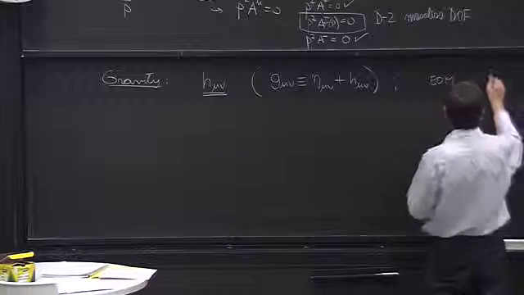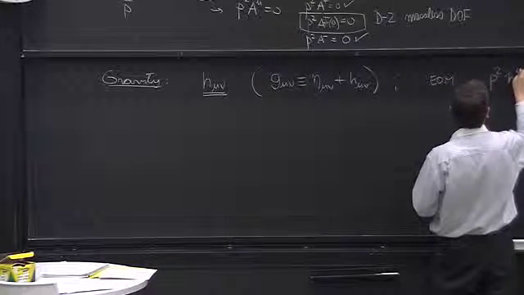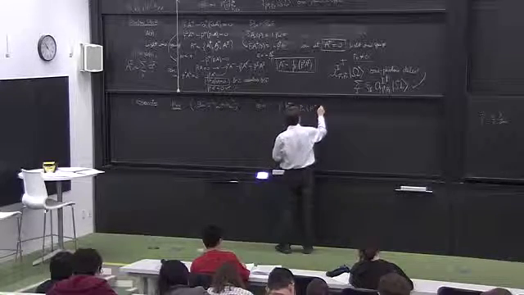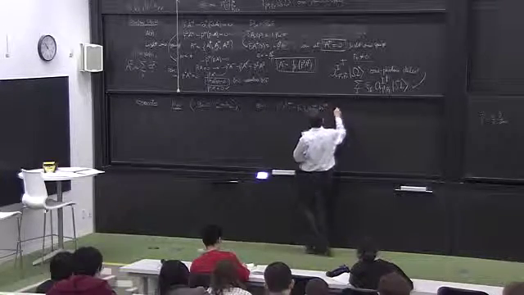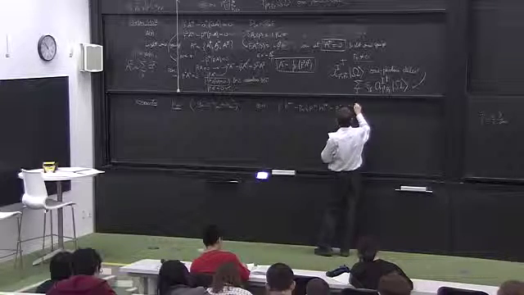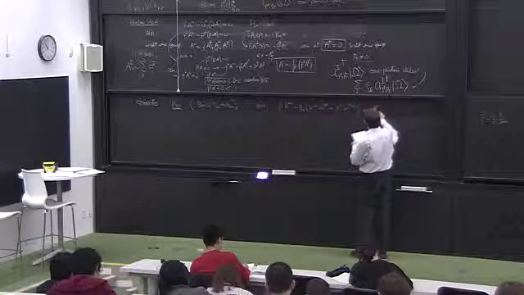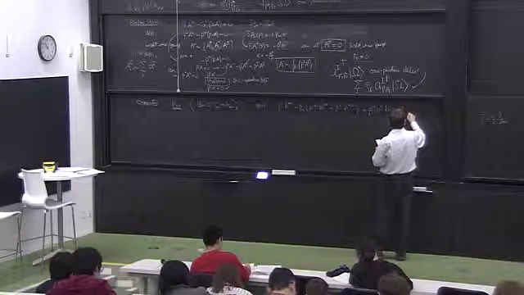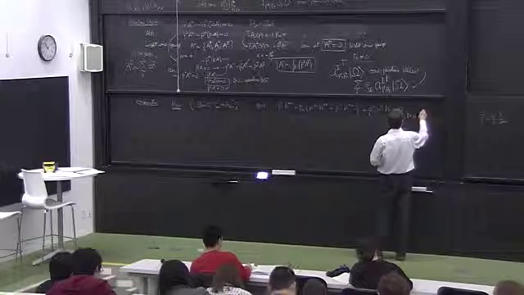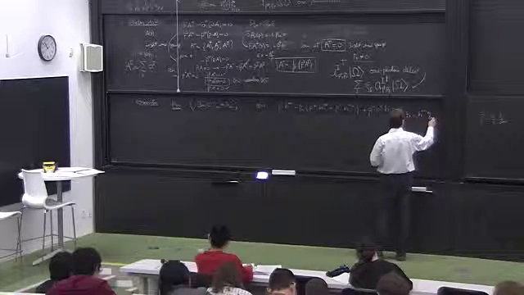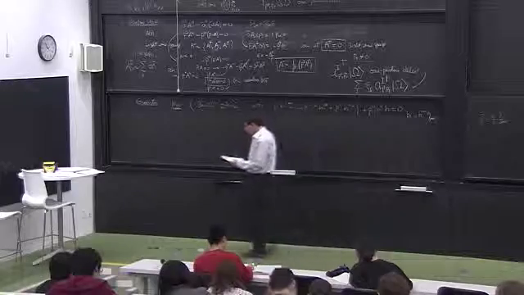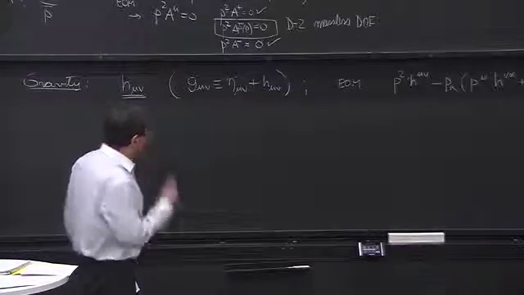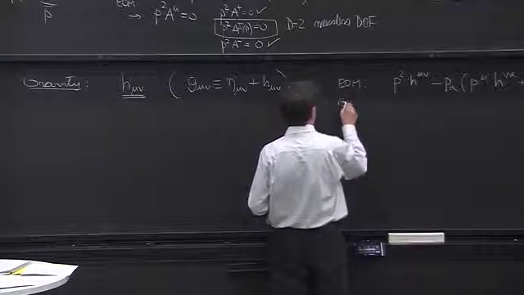It would be p squared h mu nu minus p alpha p mu h nu alpha plus p nu h mu alpha plus p mu p nu h equals 0, where h is h mu nu eta mu nu. So that's a complicated equation of motion, and it has a gauge invariance.